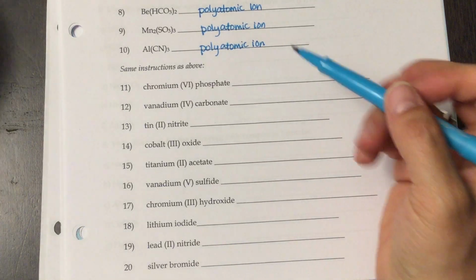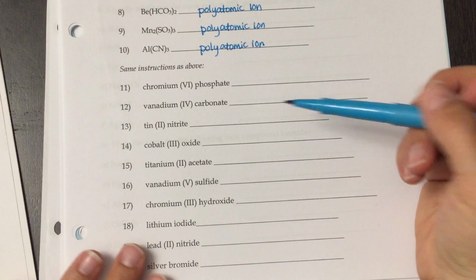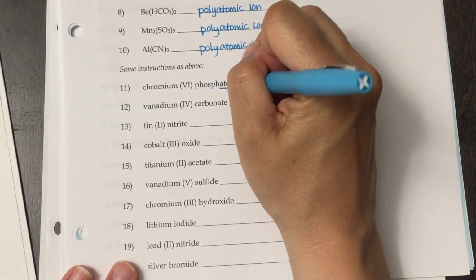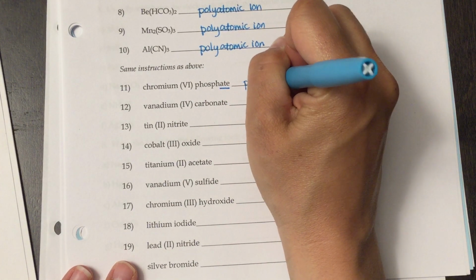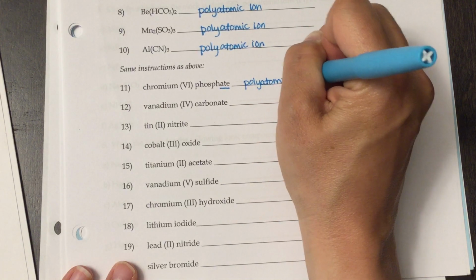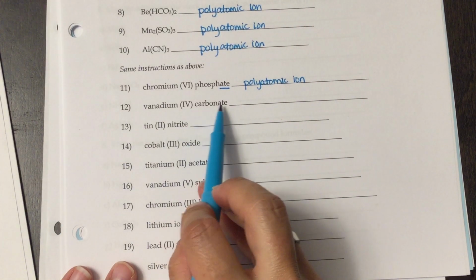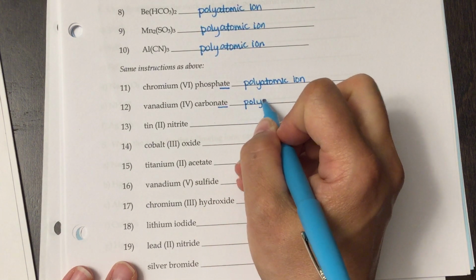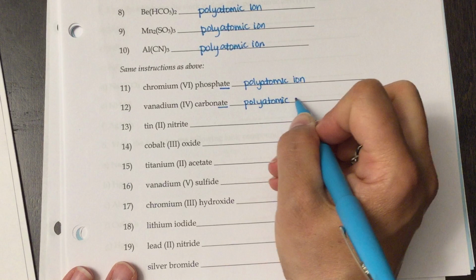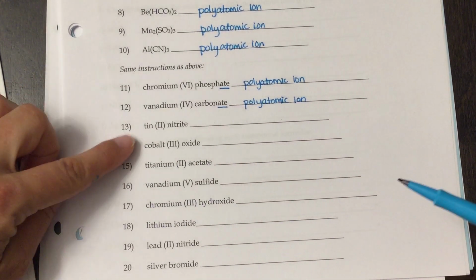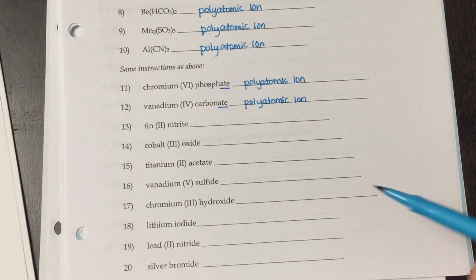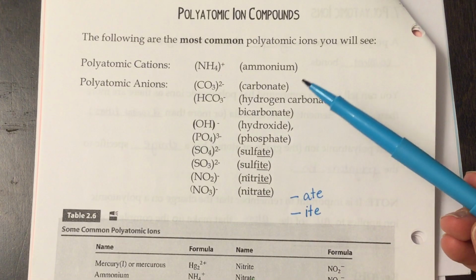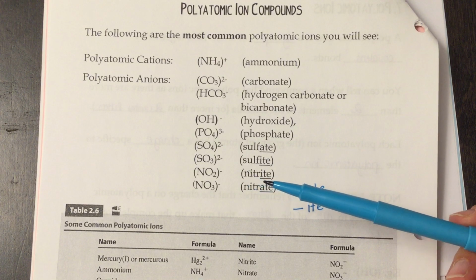So here I see ATE. That's definitely a polyatomic ion. Here's carbonate, ATE. That's going to be a polyatomic ion. And if you're unsure, just compare the name to the names that you see on the page before, because this lists all the polyatomic ions by their names.